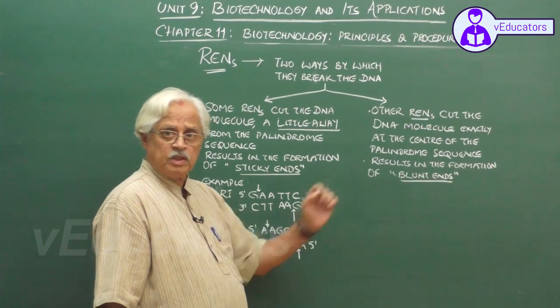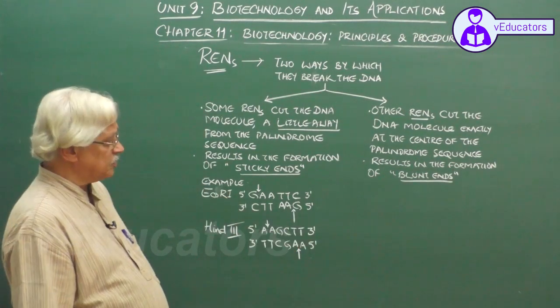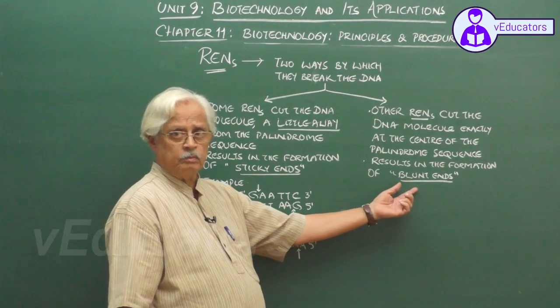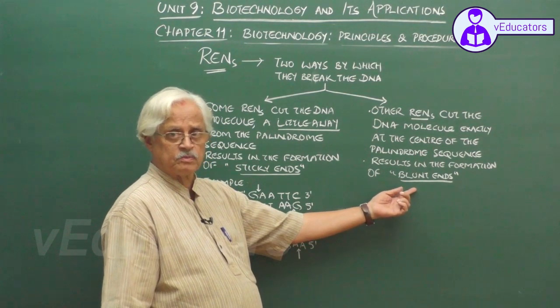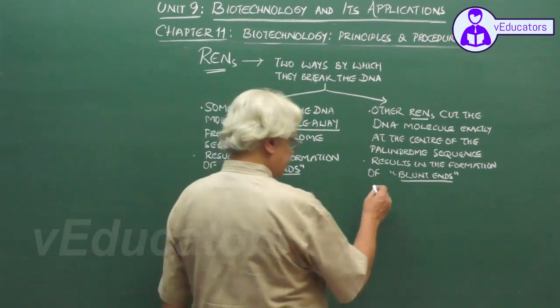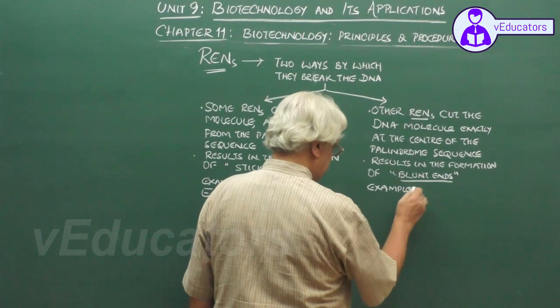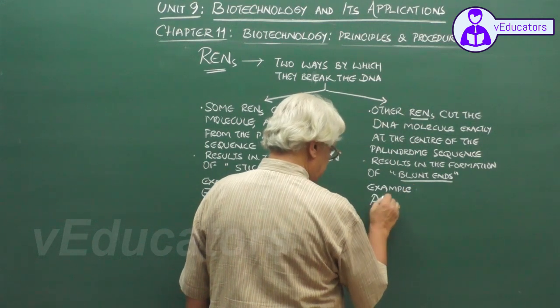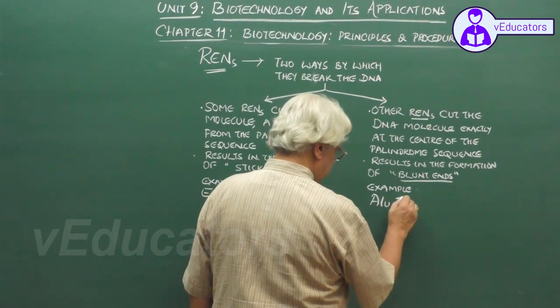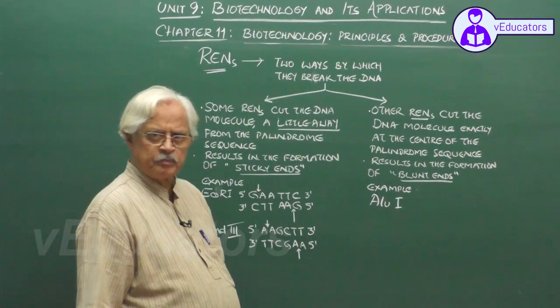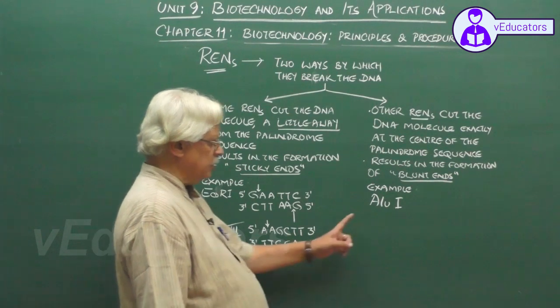Whereas some of the restriction endonucleases result in the formation of blunt ends. Let's take a few examples for this also. One example is restriction enzyme AluI.